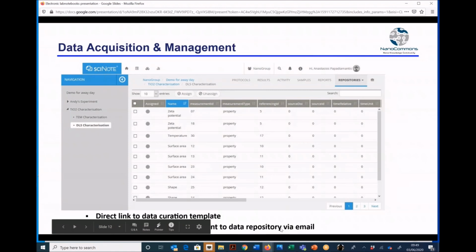So we are currently working with SciNote to have a deeper integration directly to the NanoCommons knowledge base, which Dieter is going to talk about shortly. But really it does simplify the process and enable you to track materials, to link the properties of specific materials back to the material.